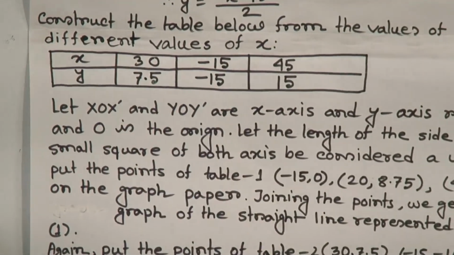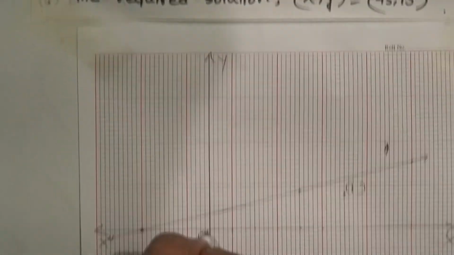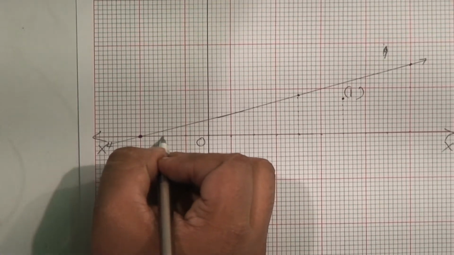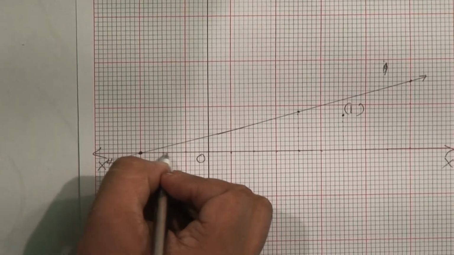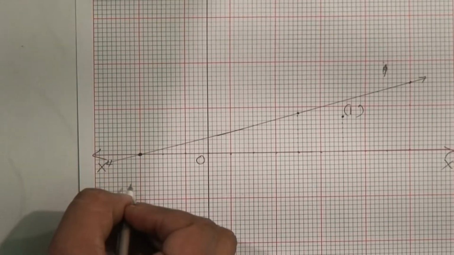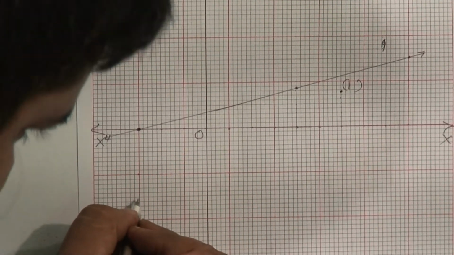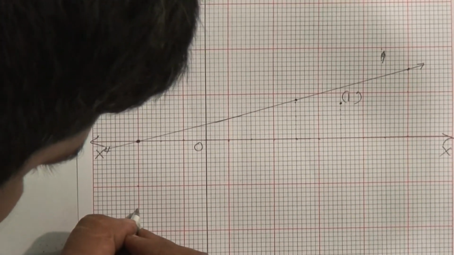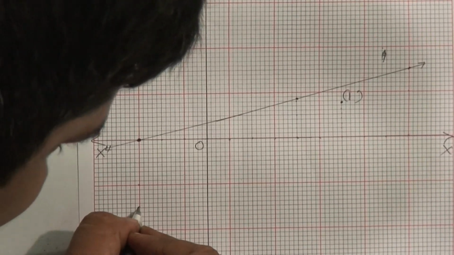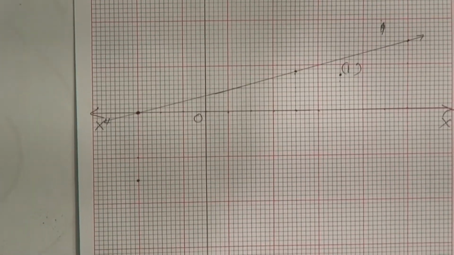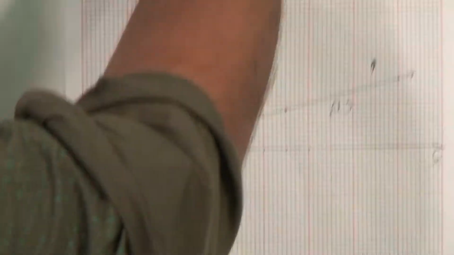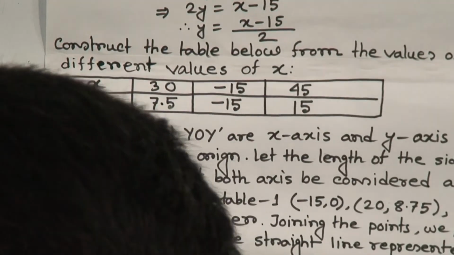After that the first point is (-15, -15). -15 means this side: -5, -10, and -15. Here also -10 and -15. So this one is also done. After that we take (45, 15), where?